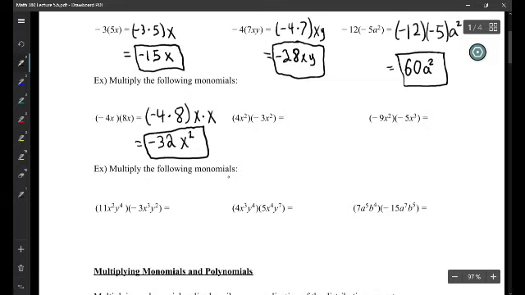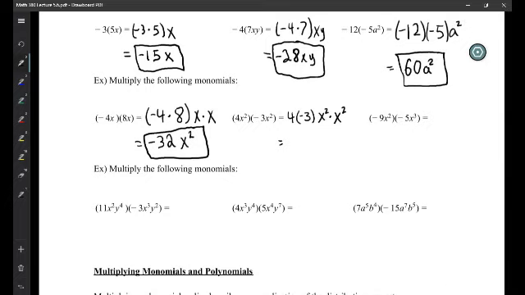Okay, so now we have 4 times negative 3, and then x squared times x squared. Now, as we learned in 5.5, the rule for exponents, when you have the same base, is to add exponents.